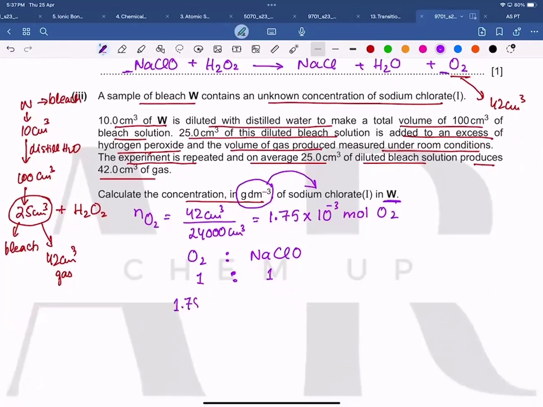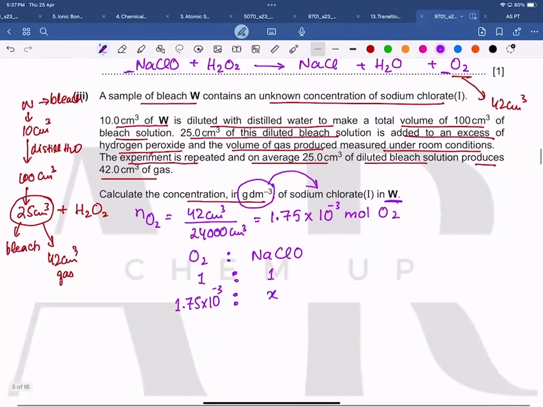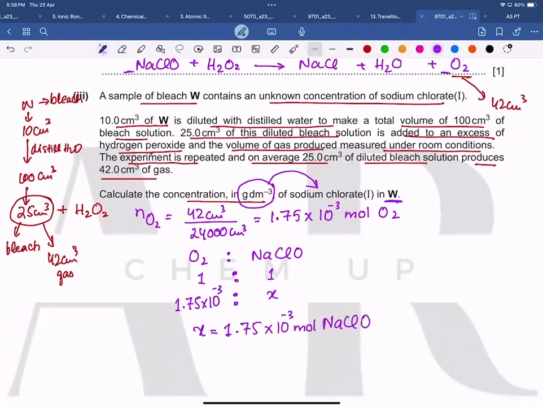If 1.75 × 10⁻³ moles of oxygen are produced, then it must be formed from X moles, and that X is going to be the same, because the ratio is 1:1. So 1.75 × 10⁻³ moles of NaClO are formed. Till here, is this clear?